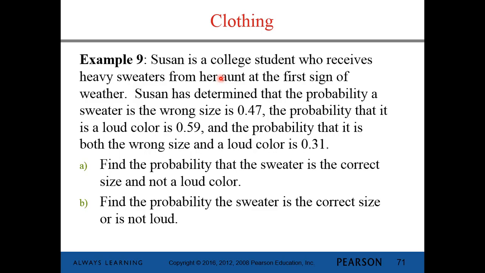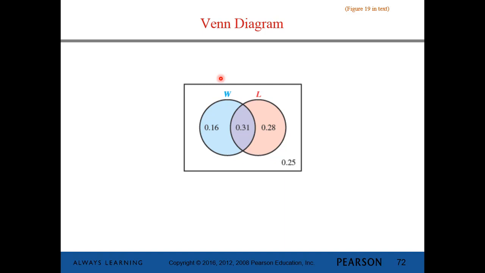If we do that, we get a Venn diagram that deals with probabilities. So in this case, the probability of being the wrong size is in here, so the number of items in here. So the probability that a sweater is the wrong size is what?